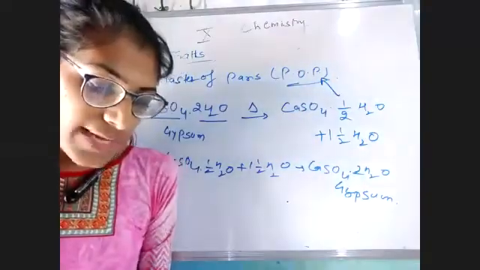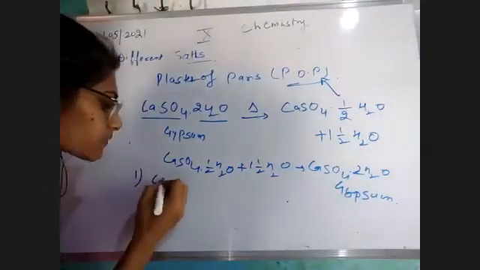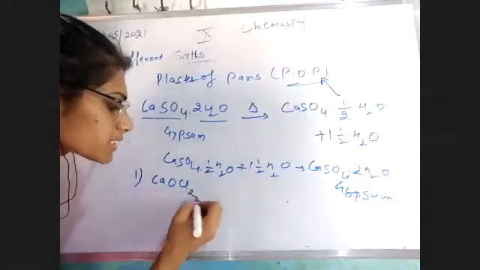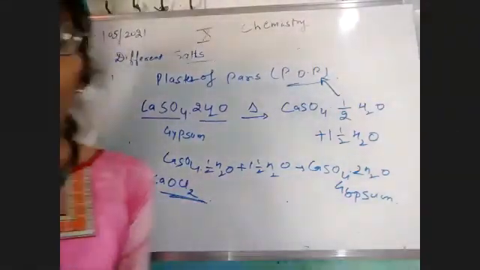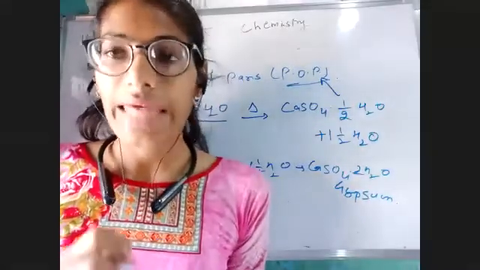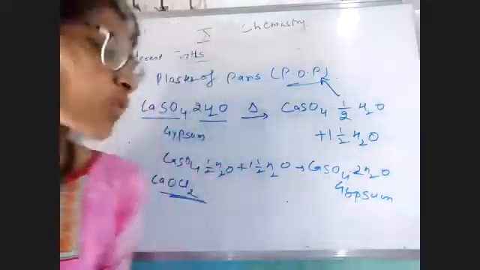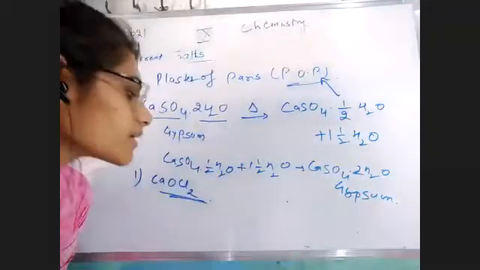What is the common name of the compound calcium oxychloride? I have just told you that calcium oxychloride is prepared from calcium hydroxide and chlorine gas, and it is known as bleaching powder.